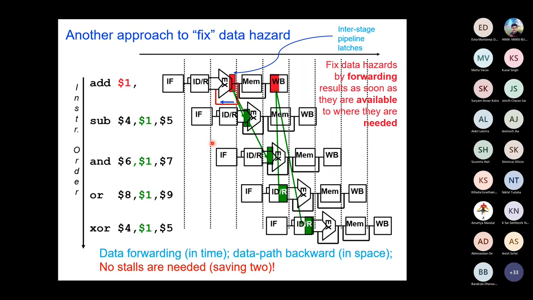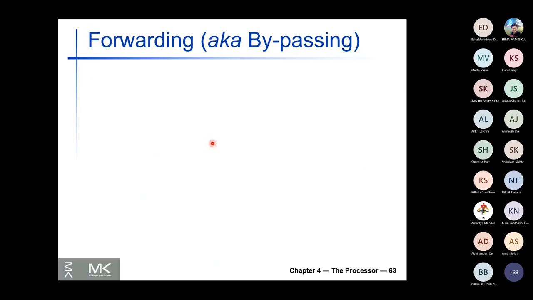So, as far as the time is concerned, we are done. This is summarized as forwarding, alternatively known as bypassing. Here the idea is the result is already computed in the system, already available before you really need it.